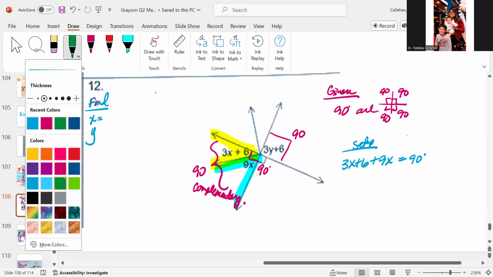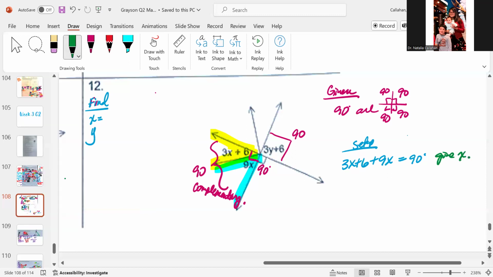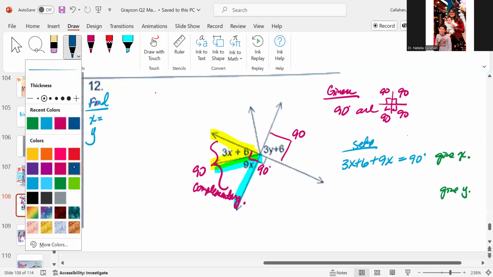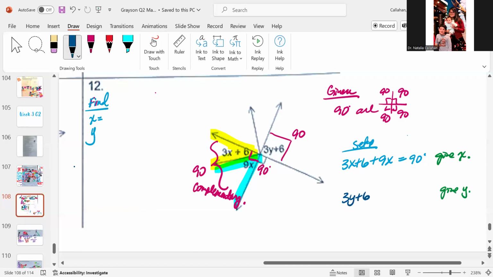This will give you the X. Do you see that? So when you solve for it, you can solve for it. This will give you X. Which equation is going to give you the Y?